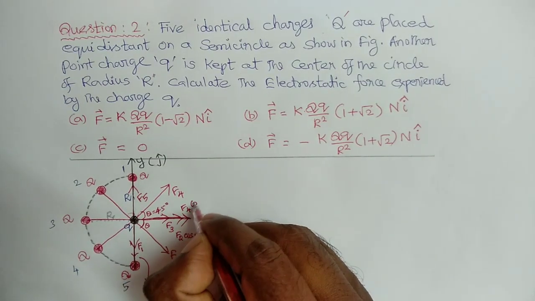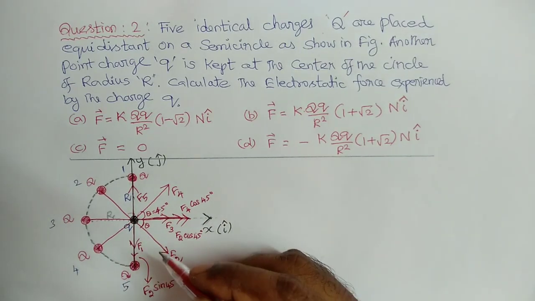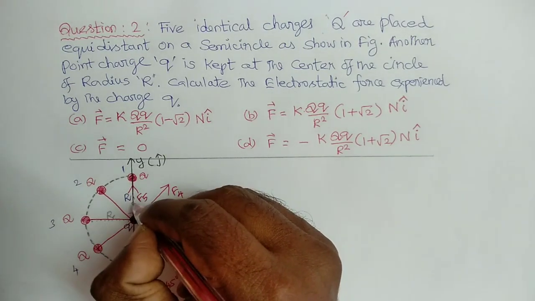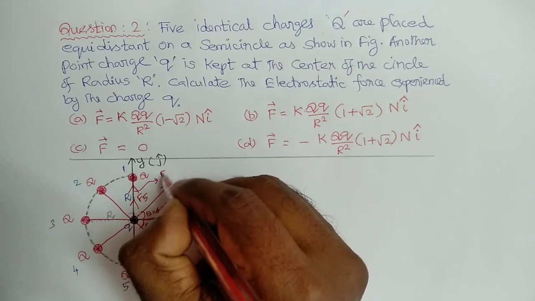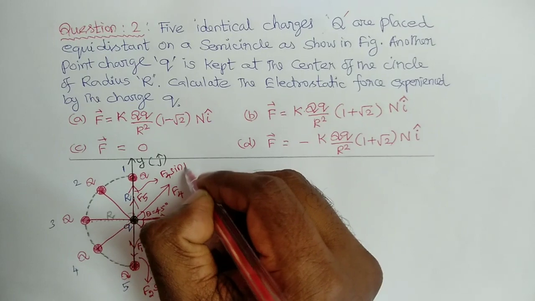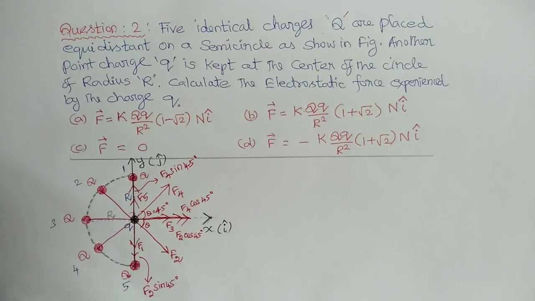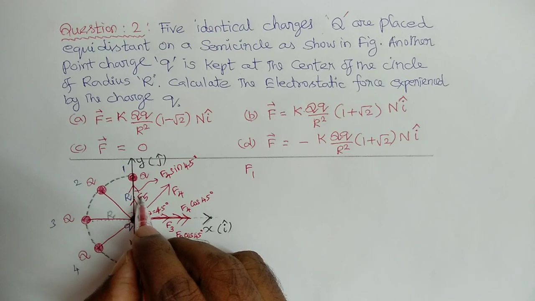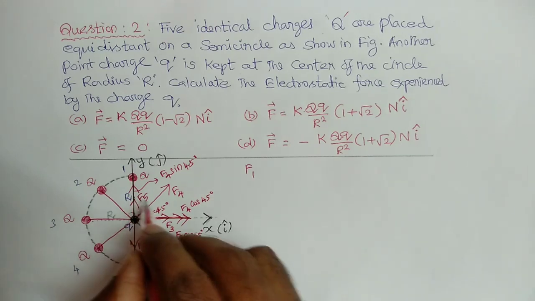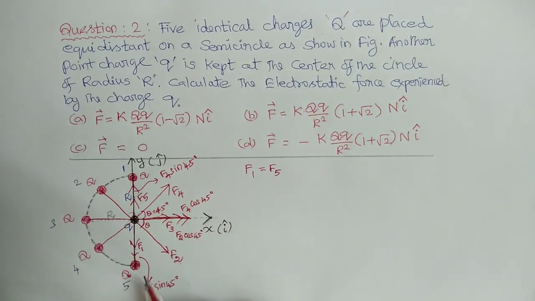So F4 cos 45, and the vertical component along this direction, F4 sin 45 degree.